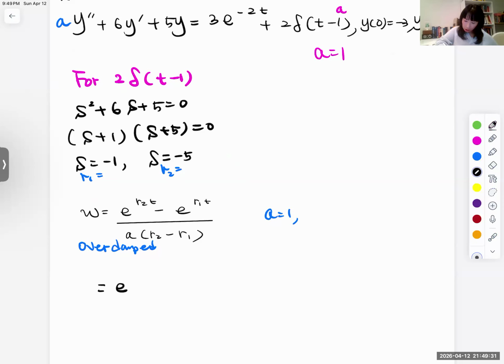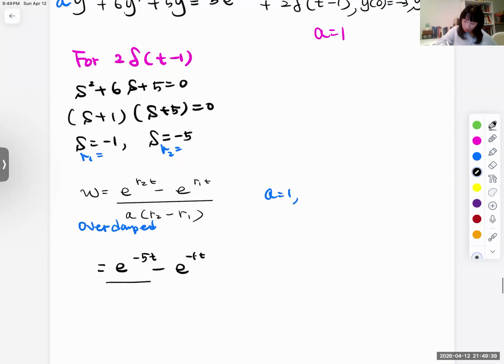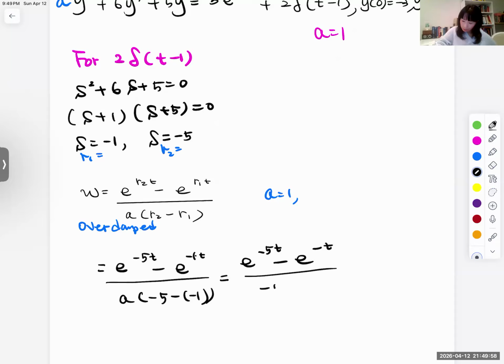E to the R sub 2, which is negative 5t, minus E to the R sub 1, so negative 1t, over A times R sub 2, which is negative 5, minus R sub 1, which is negative 1, which is e to the negative 5t minus e to the negative t over positive negative 4a, a equal to 1, right?